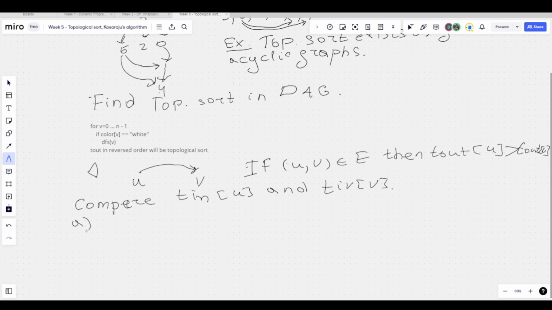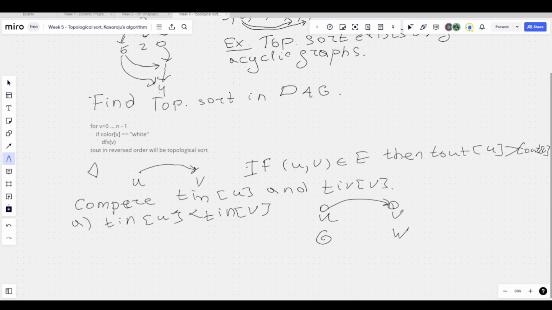So there are two cases. When T in of U is less than T in of V, we enter V later than we enter U. We have some edge from U to V, and we enter this vertex.